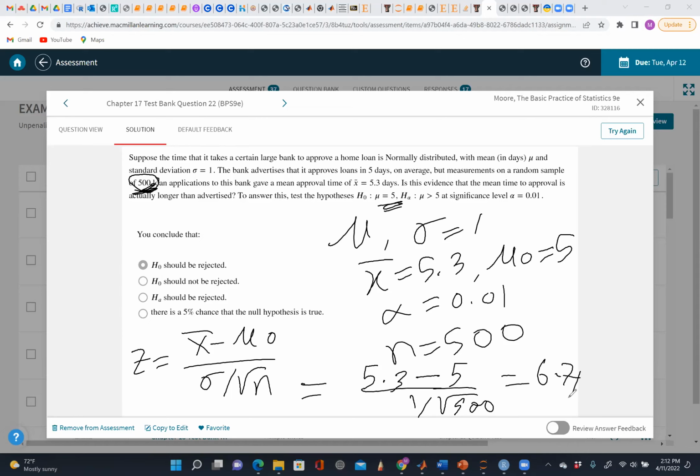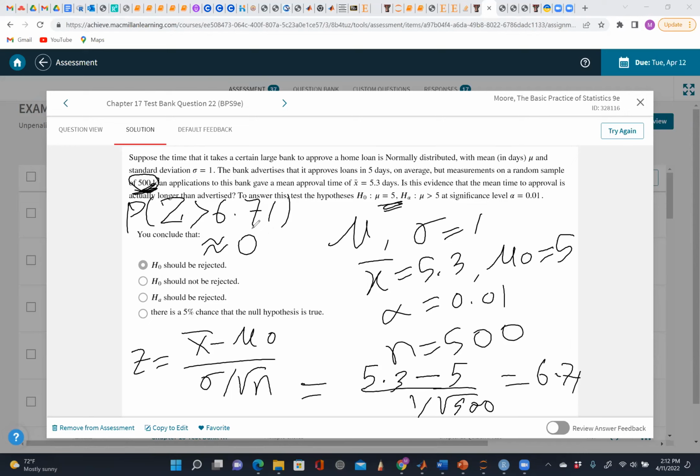This is a very large test statistic. If you calculate the probability of z greater than 6.71, it will be very close to 0. You can even consider it 0. So the p-value is 0, and you can look at the table or calculate it using the applet for the p-value for hypothesis test.